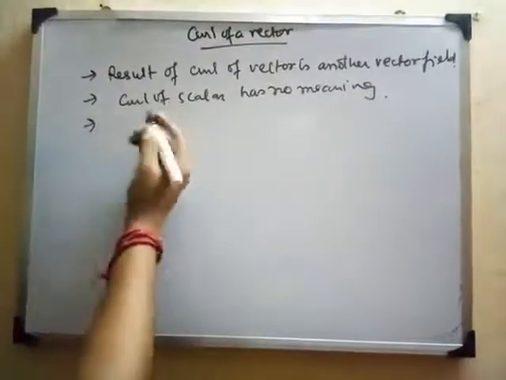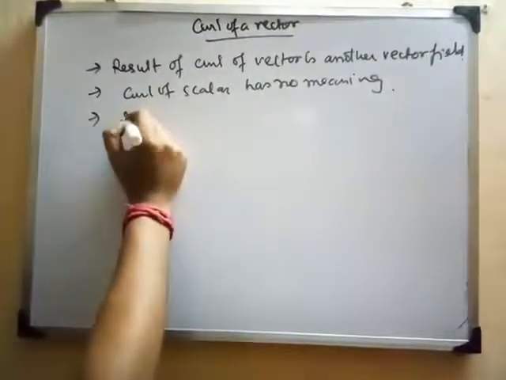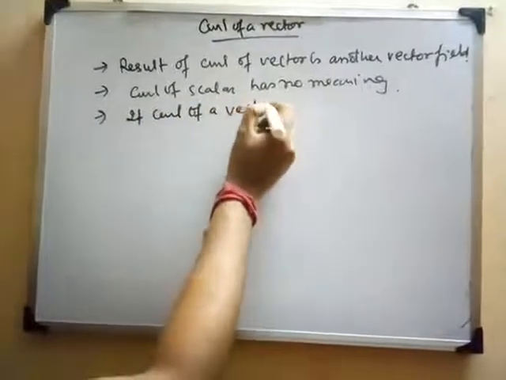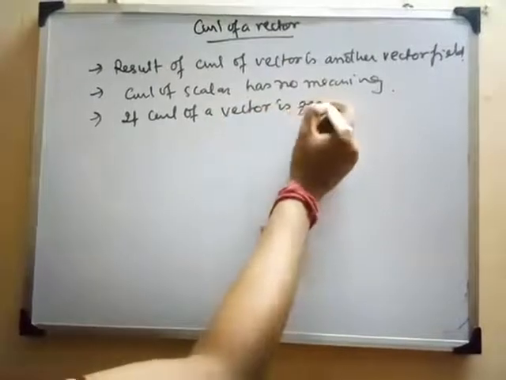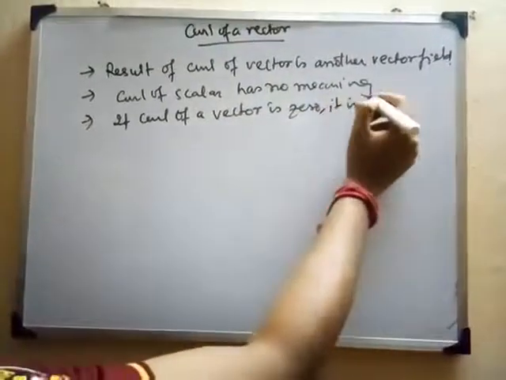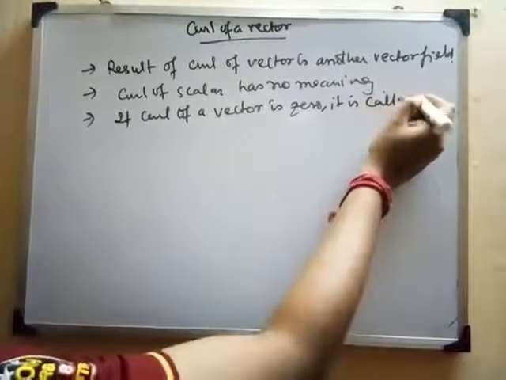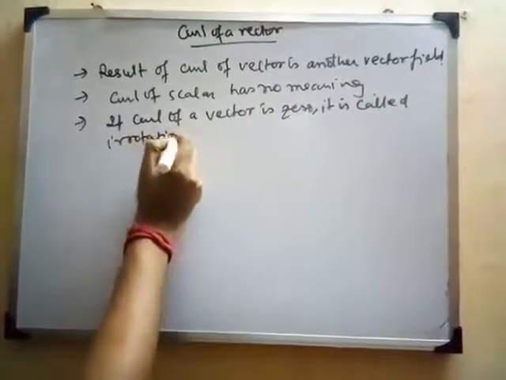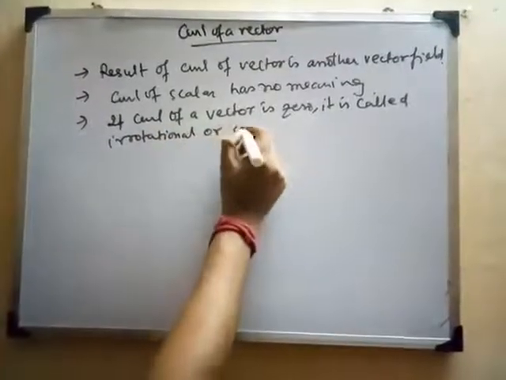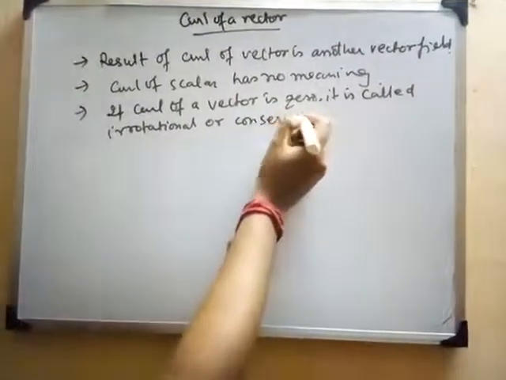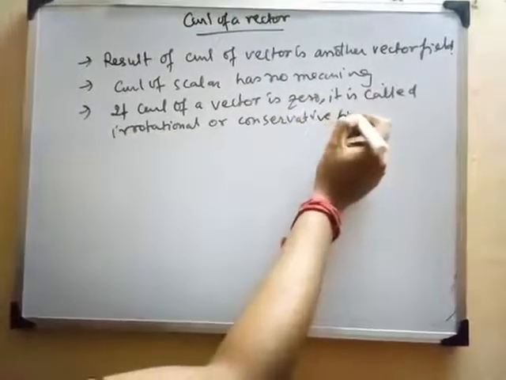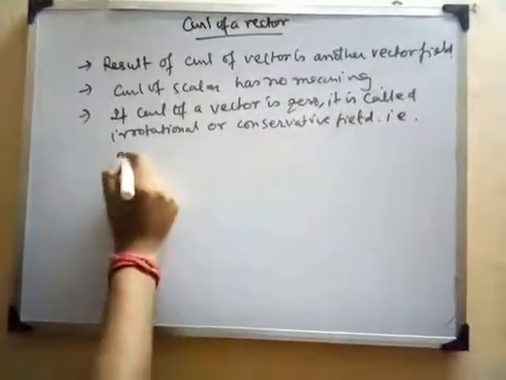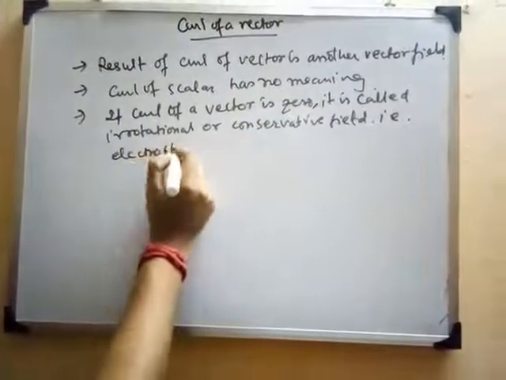The last property: if the curl of a vector is 0, it is called an irrotational or conservative field, for example the electrostatic field.